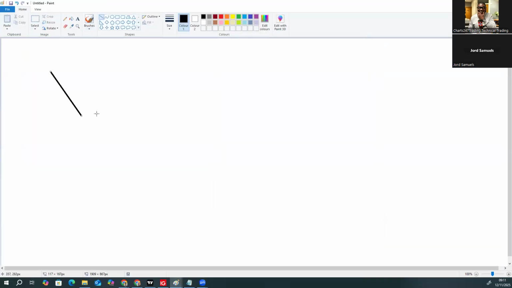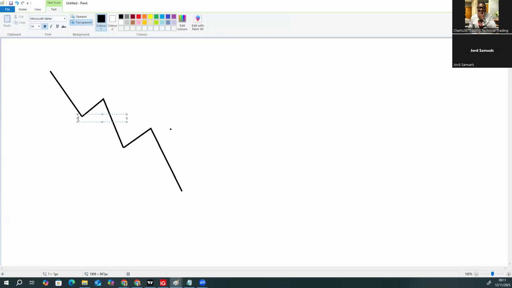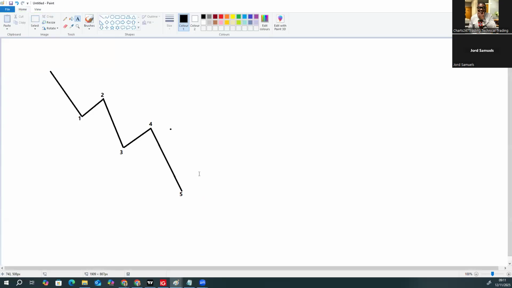So let's say for the example that we have a downtrend. So we can say this is 1, this is 2, this is 3, this is 4, and this is 5, okay?